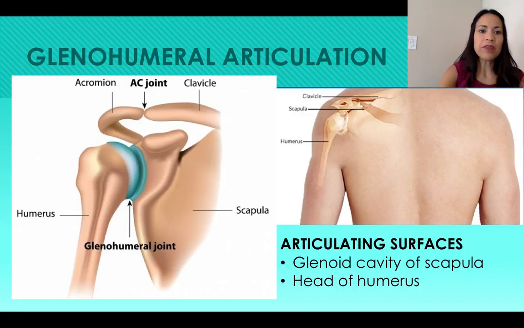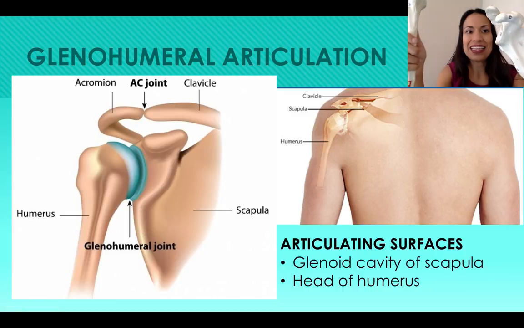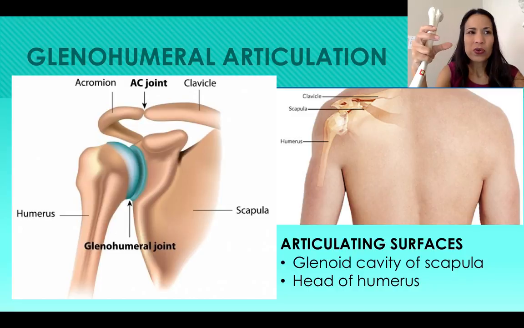And in this image, it's cool because we can see in blue the head of the humerus and the glenoid cavity of the scapula. Now look how shallow it is. It's a very shallow cavity that doesn't offer too much stability to this joint.